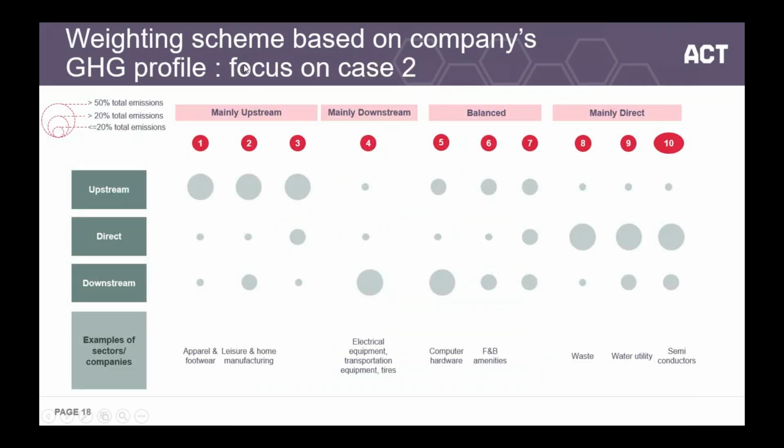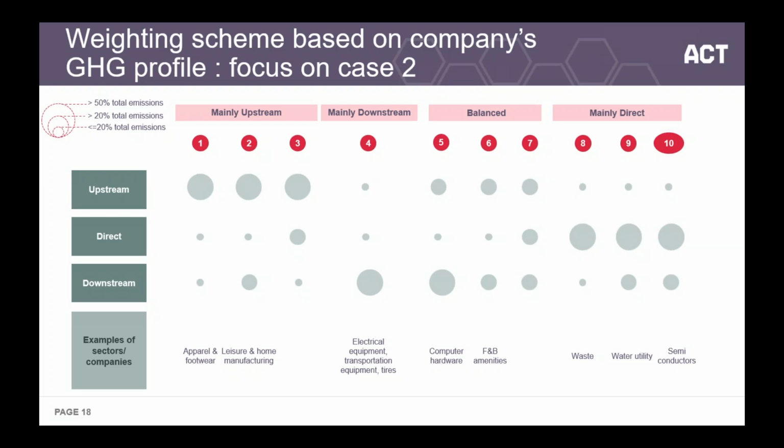A specific zoom on the different kinds of configuration we may have to face, whatever the company, whatever the sector of the company is. So here is a representation of 10 cases we may have to face, depending on where the emissions are, where is the materiality of the impact along the value chain, whether it's upstream or downstream, or in a specific case, directly inside the assets owned by the company.